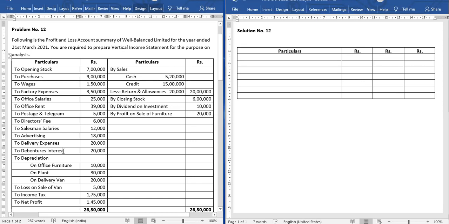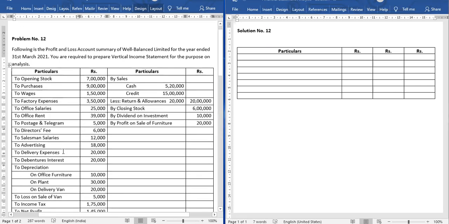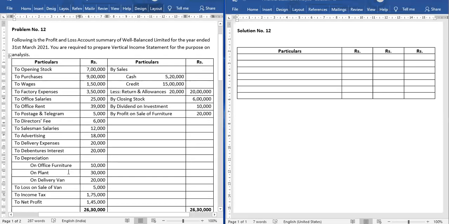Debenture interest, minus from interest. Depreciation on furniture, see, depreciation on furniture goes to COGS. Plant, COGS, and delivery van, sales and distribution.